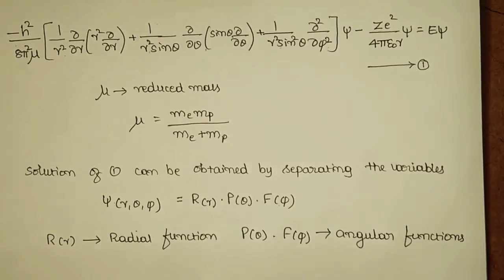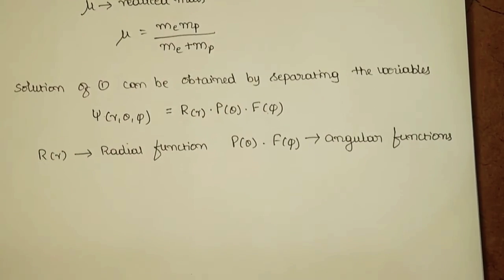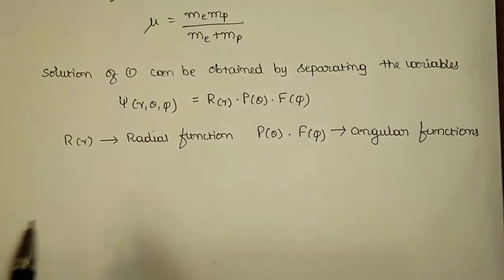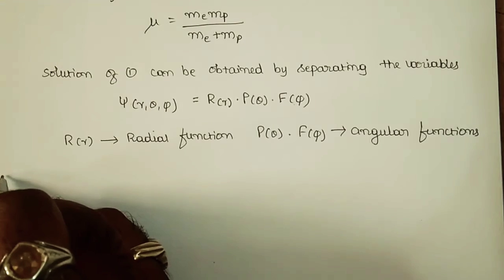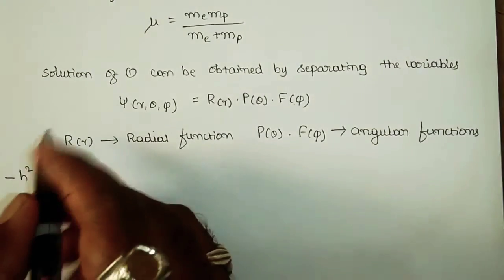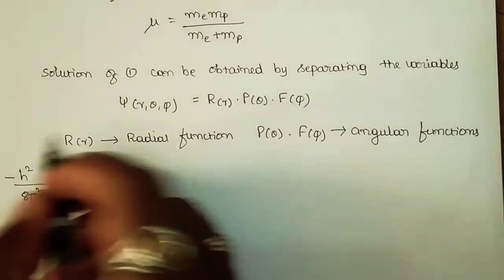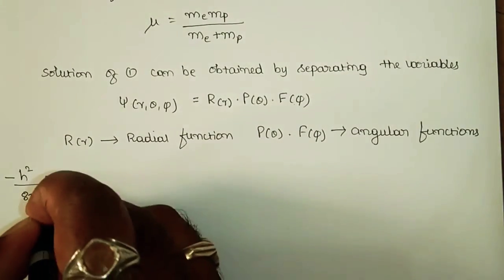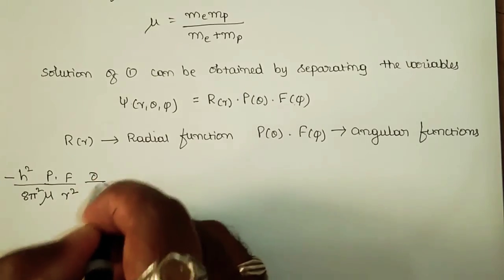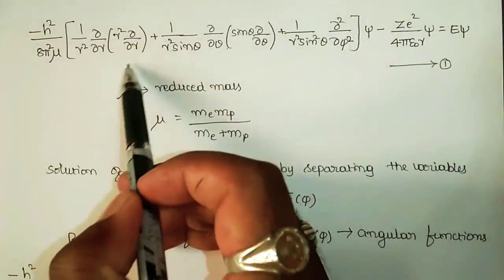So now the equation will get changed on multiplying the h square by 8 pi square mu as well as the R, P and F. The equation will change: minus h square by 8 pi square mu. So R, P, F will come, and P and F will be taken out. R square dou by dou r. And you can observe here it's the radial term.